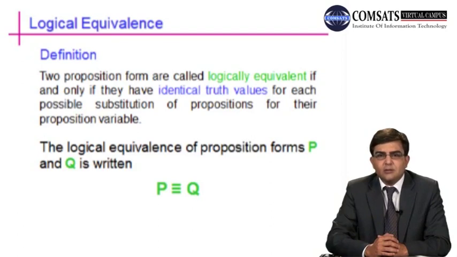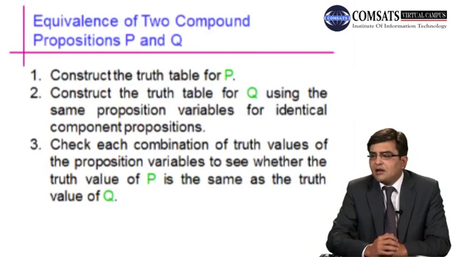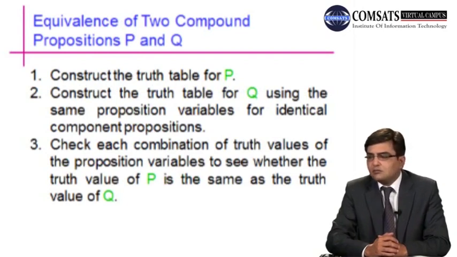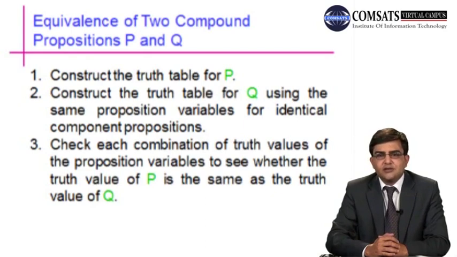The first method is to construct truth tables corresponding to both propositions, and then by watching the truth tables we can show whether the two propositions are equivalent or not.